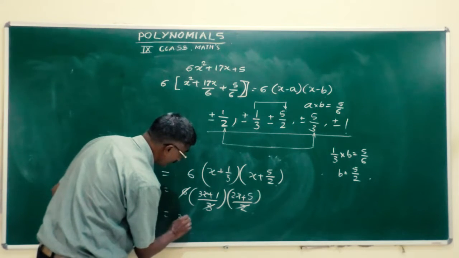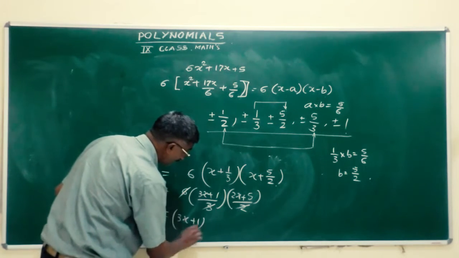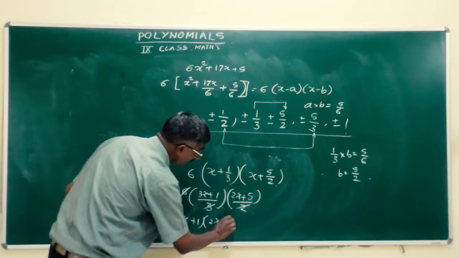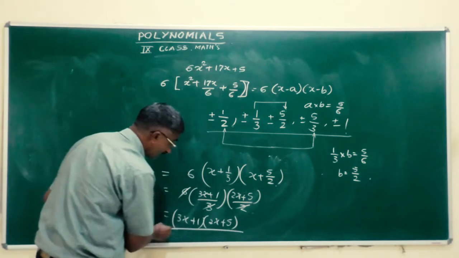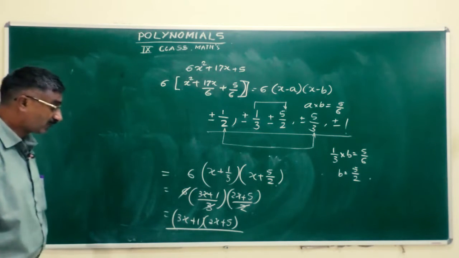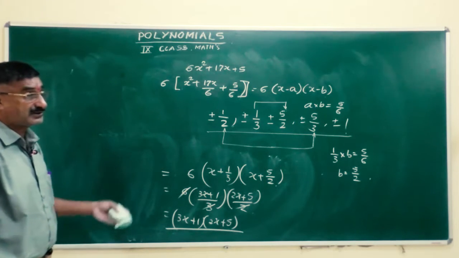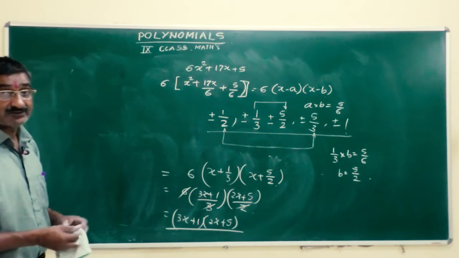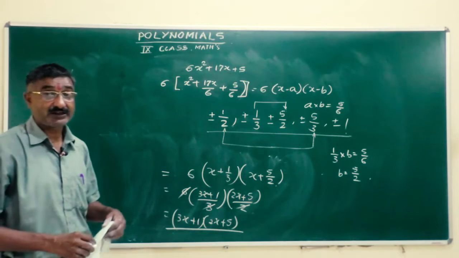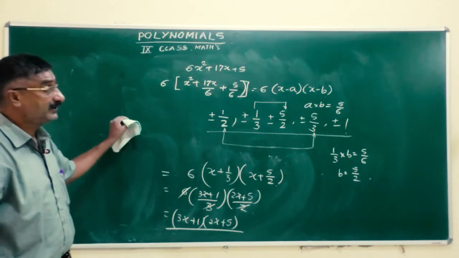So, that is equal to (3x plus 1) into (2x plus 5). So, this is the factorization method. The first method we solved was by splitting the term, and the second method is by factorization.